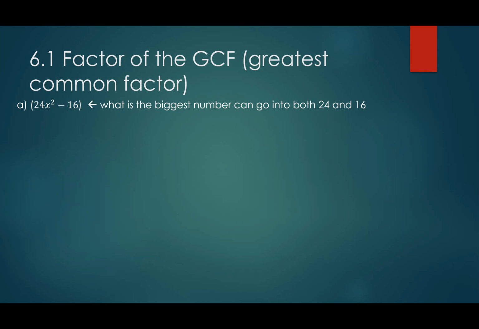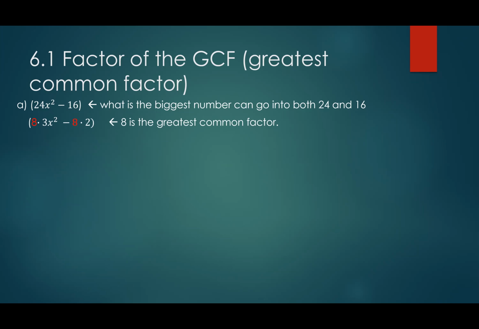That's all they ask: between the two common numbers, what is the biggest divider that can divide into 16 and into 24? If we break down 24 as 8 times 3, and 8 times 2 gives me 16, then 8 is the biggest divider that goes into 24 and into 16.